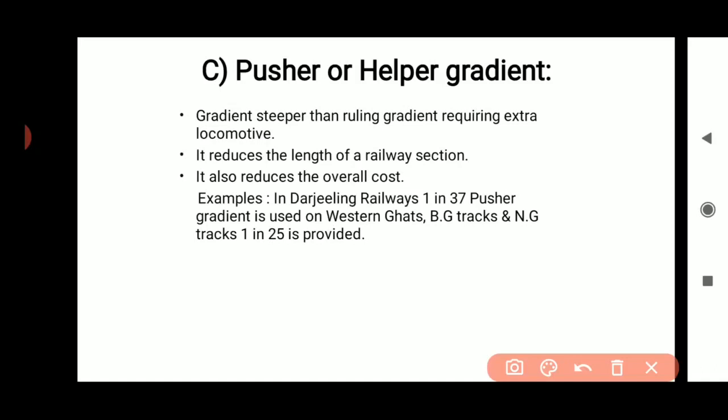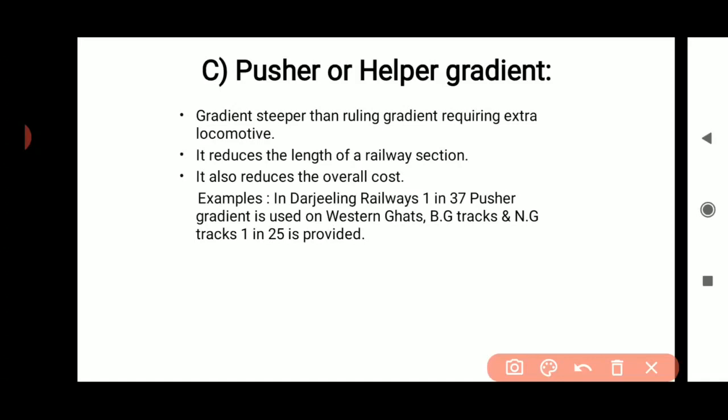So in the case of pusher or helper gradients, there are two locomotives. One extra locomotive is generally provided to overcome that gradient.